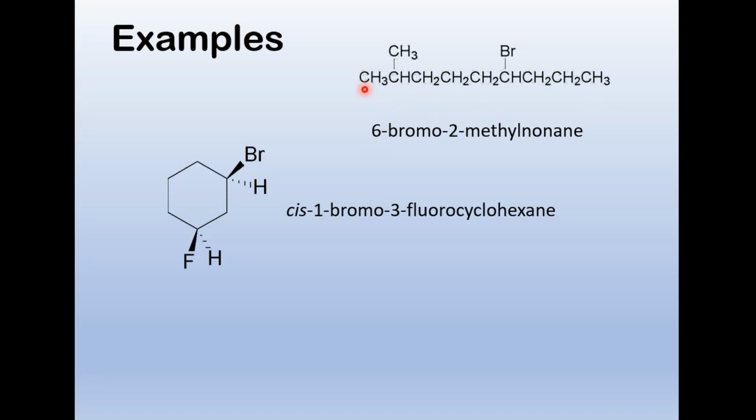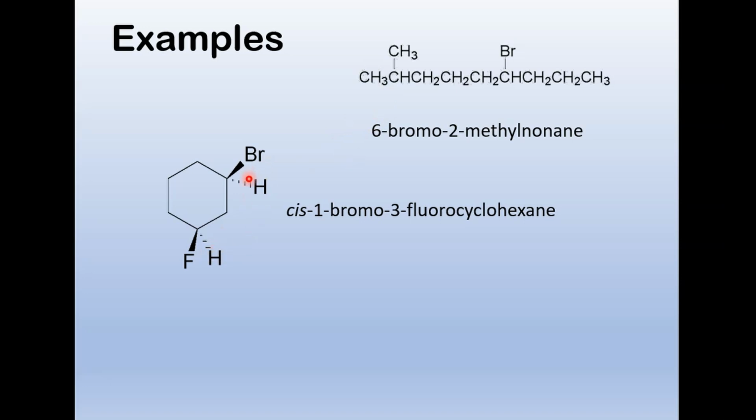I'm going to start numbering from this side because I see this substituent occurring sooner than starting over on this side. 1, 2, 3, 4, 5, 6, 7, 8, 9. So a derivative of nonane. Carbon number 6, I got the bromine. Carbon number 2, I got the methyl group. So this becomes 6-bromo-2-methylnonane.